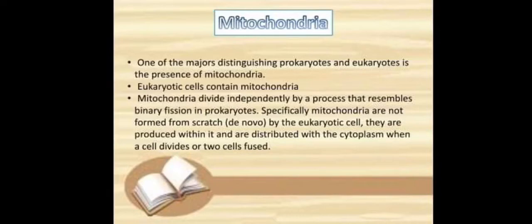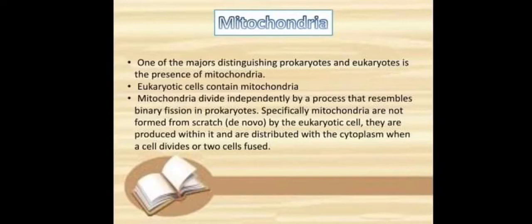Mitochondria divide independently by a process that resembles binary fission in prokaryotes. Specifically, mitochondria are not formed from scratch, de novo, by the eukaryotic cell. They reproduce within it and are distributed with the cytoplasm when a cell divides or two cells fuse.